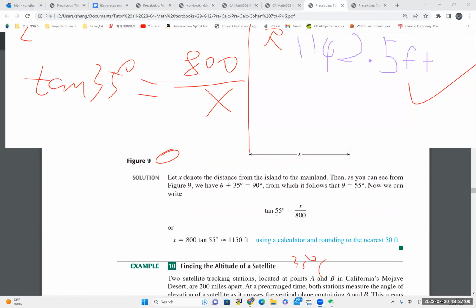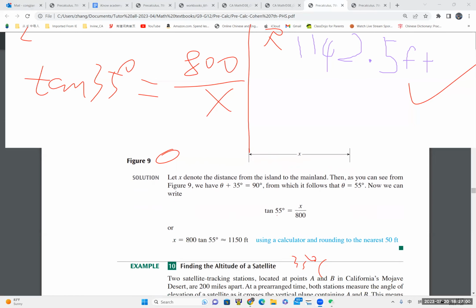Using a calculator and rounding to the nearest 50 feet. Okay, understand. Is there this kind of requirement? Anyway, that means we got a wrong result from the calculator.